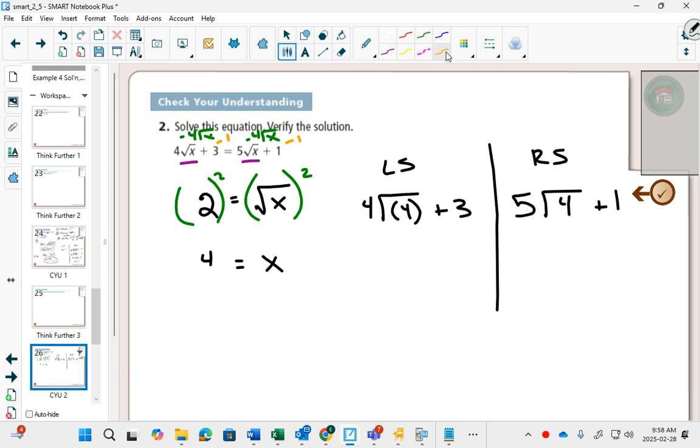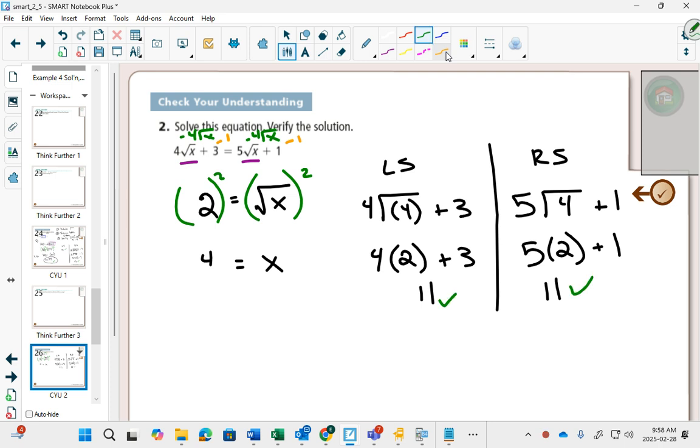What's this? This will be 4 times 2 plus 3, which is 11. This will be 5 times 2 plus 1. This is 11. Those are identical, so I know my final answer is right.